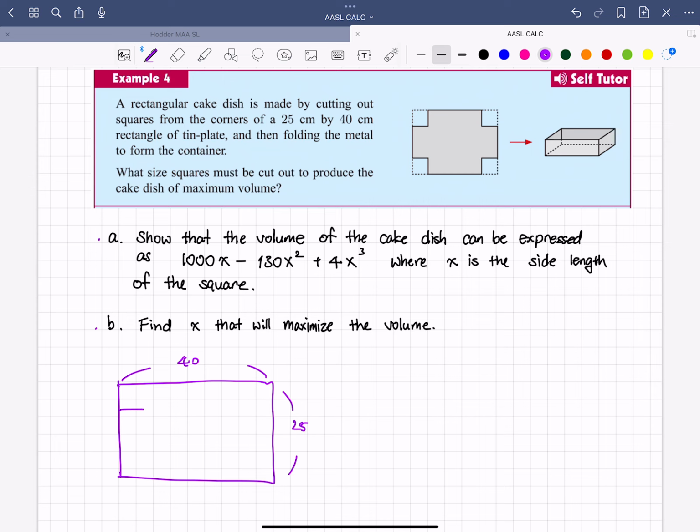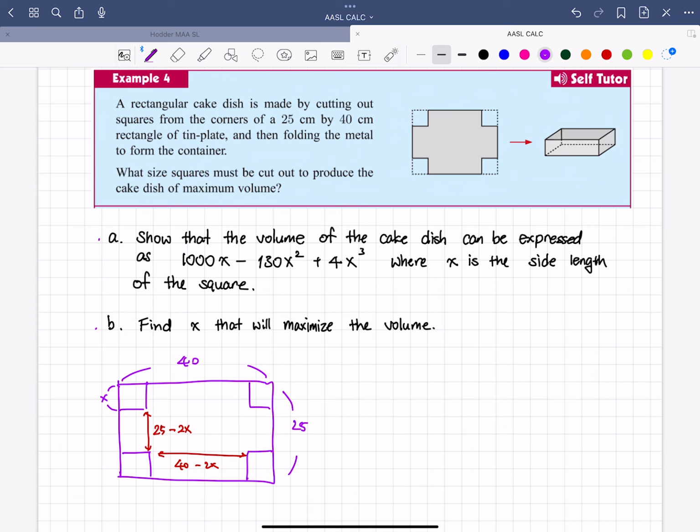And I'm cutting out squares of the same size, right? If you're going to fold them up and they're going to match up, they better be the same size squares. And I'm going to call this much x. So it's x by x, right? If that's the case, this much here would be 25 minus 2x, and this much here is 40 minus 2x.